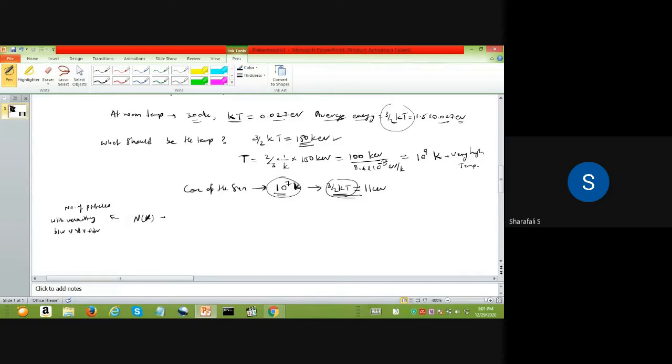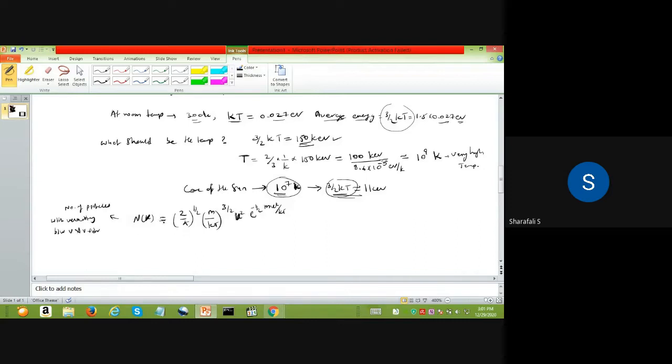It is root of 2 by pi, times m by kT, all raised to 3 by 2, times v square, times e raised to minus half m v square by kT. So this is all in that exponential.